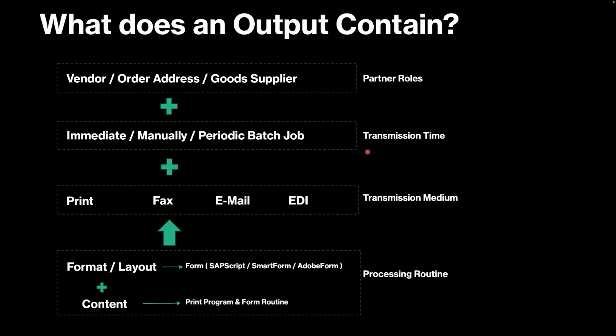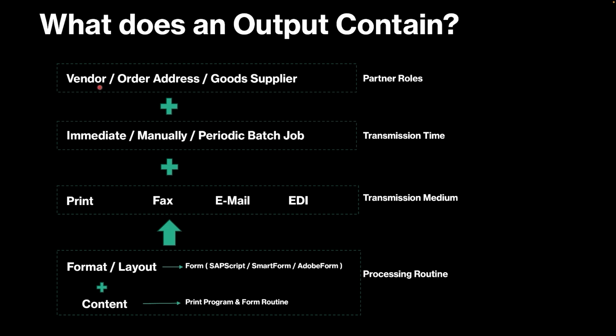That is the address at which they collate all the purchase orders and then process each of them. Then in that case, although you will enter a vendor code in your purchase order, you will have to also enter the order address vendor in the partner roles of your purchase order. And your purchase order print will be sent to this address rather than the address which is there in the vendor code which you have entered in the PO.